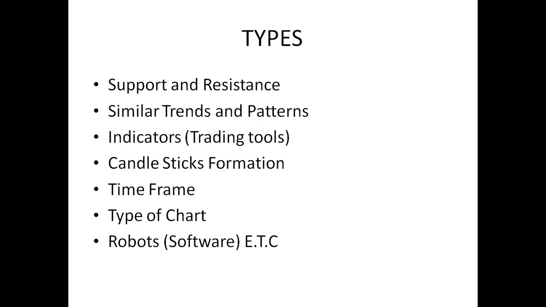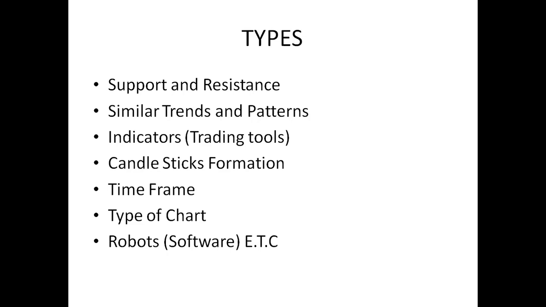Yes. So these robots or softwares are also known as EAs. So you might hear, I'm having an EA, oh, I'm using a robot, I'm using a software to trade. There are people who also believe in that. All these is under technical analysis, which is the study of price movement or price action.